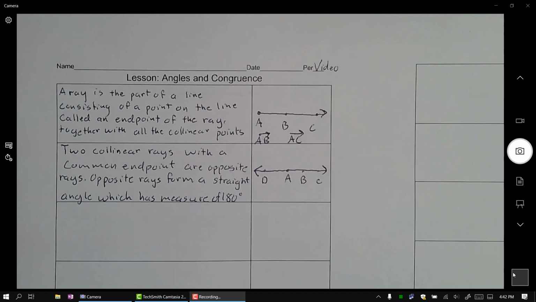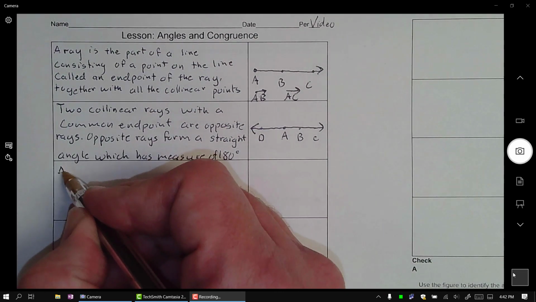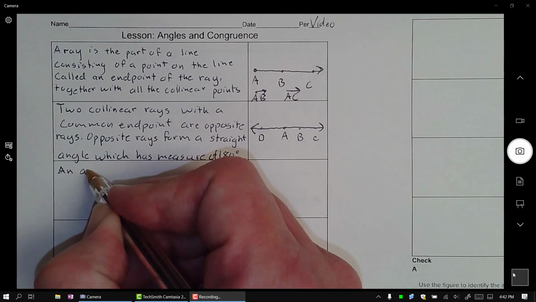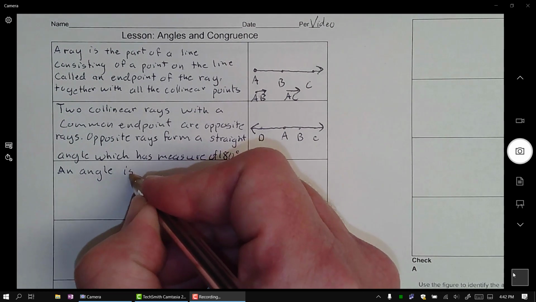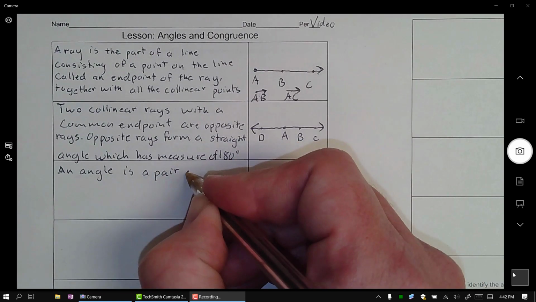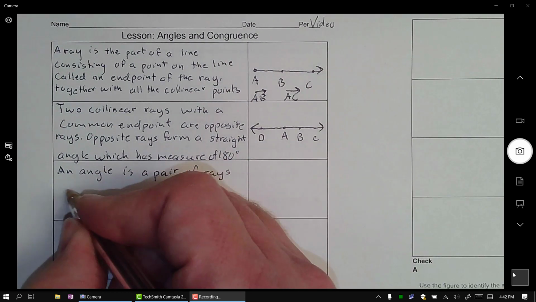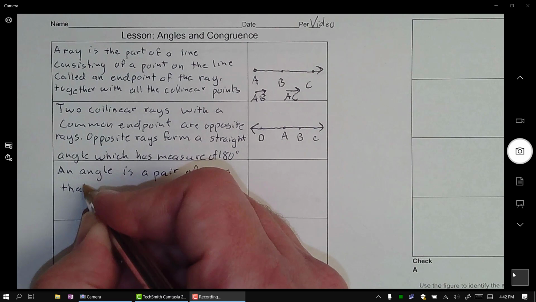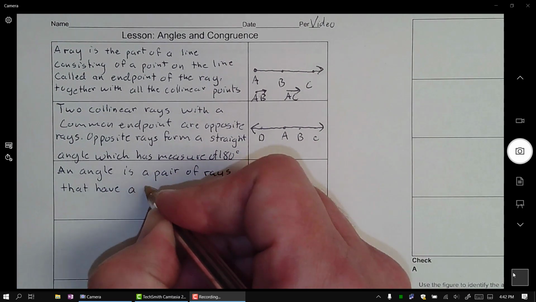Our next idea that we're going to look at is an angle is a pair of rays that have a common endpoint.